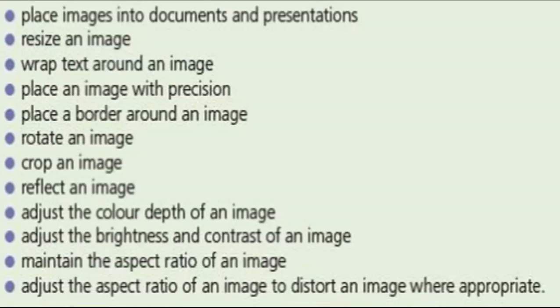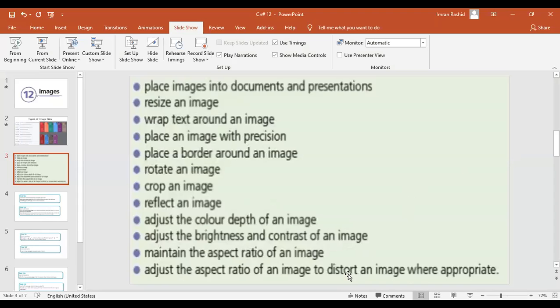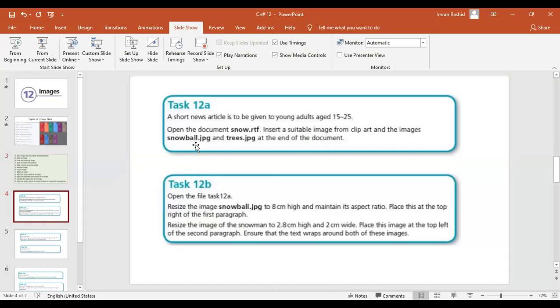So in this, first of all, I will do a practical portion related to an image. First of all, we go to the chapter, and we go to the task, the first task I will teach you practically.